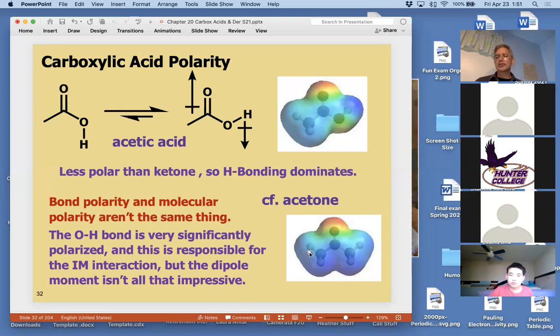Acetone has a larger molecular dipole than acetic acid, even though acetic acid has a much higher boiling point. So there's a difference between how strongly molecules interact, especially when hydrogen bonding is involved, and the molecular dipole. It's not the same thing.